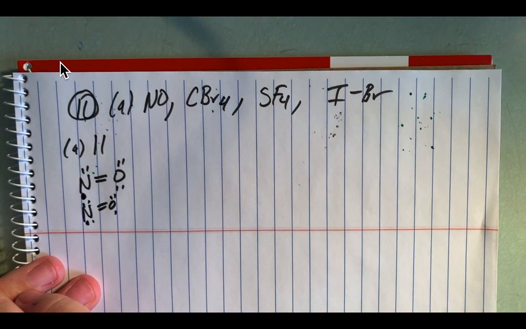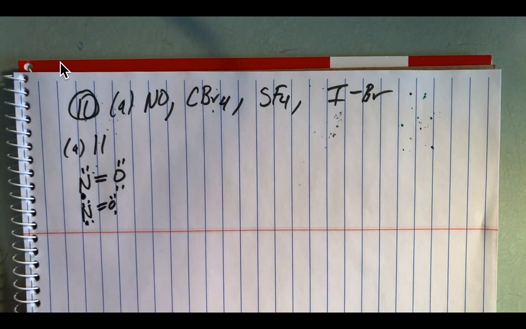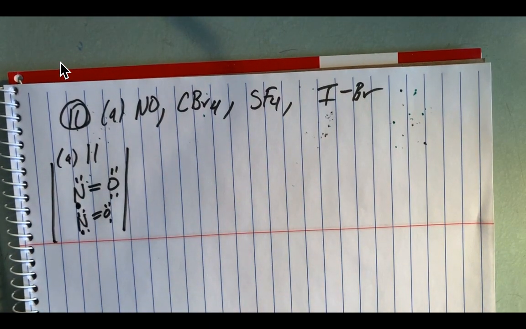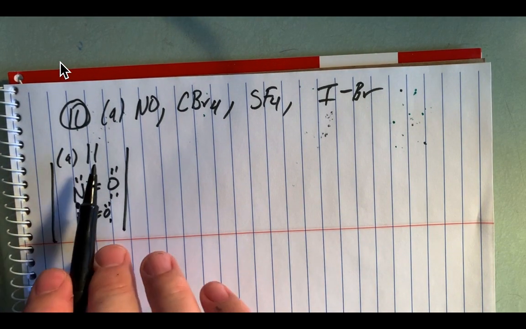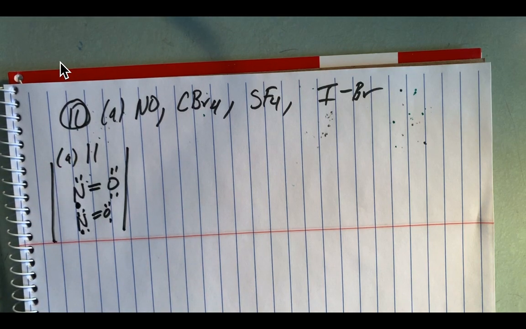So the nitrogen has 8, the oxygen has 7. No matter how we try to assign the electrons, one or the other atom is left unhappy. And so NO is an example of a molecule where we just cannot satisfy the octet rule. It's a mathematical impossibility because we have an odd number of valence electrons.